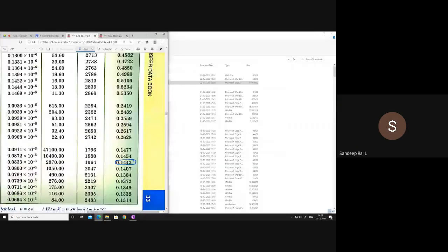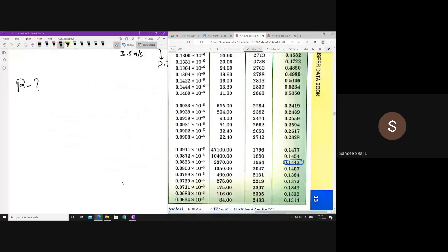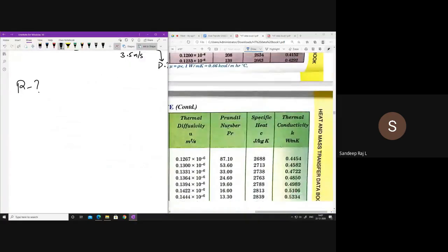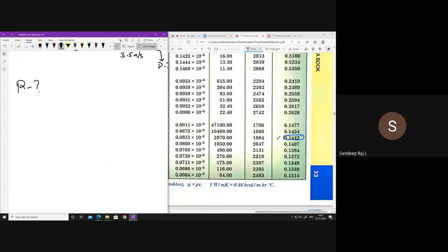You have to learn to do this interpolation very fast. The Cp value here is this one. These two are the things to be taken. So for 40, it is 1964. For 60, it is 2047.